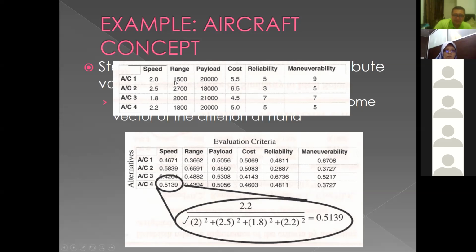For example, to get the normalized value of 1,500 on this part, what you need to do is 1,500 divided by the square root of 1,500 squared plus 2,700 squared plus 2,000 squared plus 1,800 squared. Then you get 0.3662.